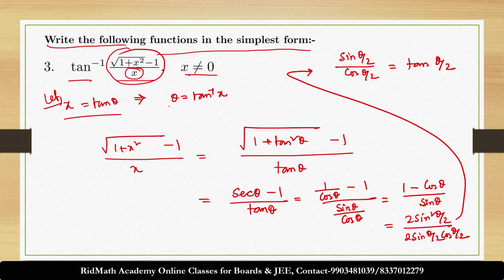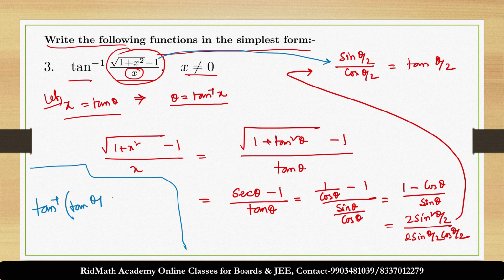So we have assumed that theta equal to tan inverse x. So we get this quantity as tan inverse of tan theta by 2, that means theta by 2, and since theta equal to tan inverse x, that means tan inverse x by 2, that means half tan inverse x.